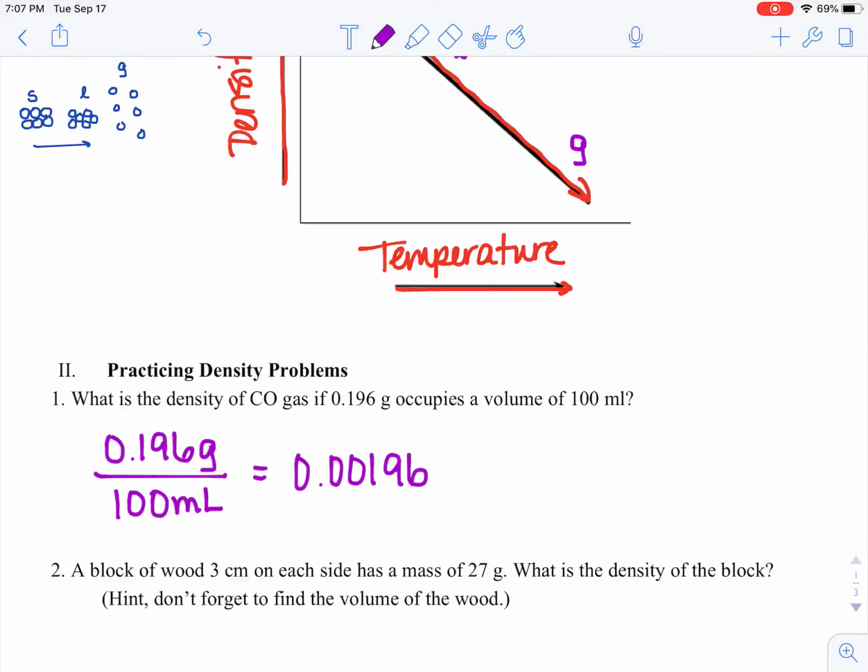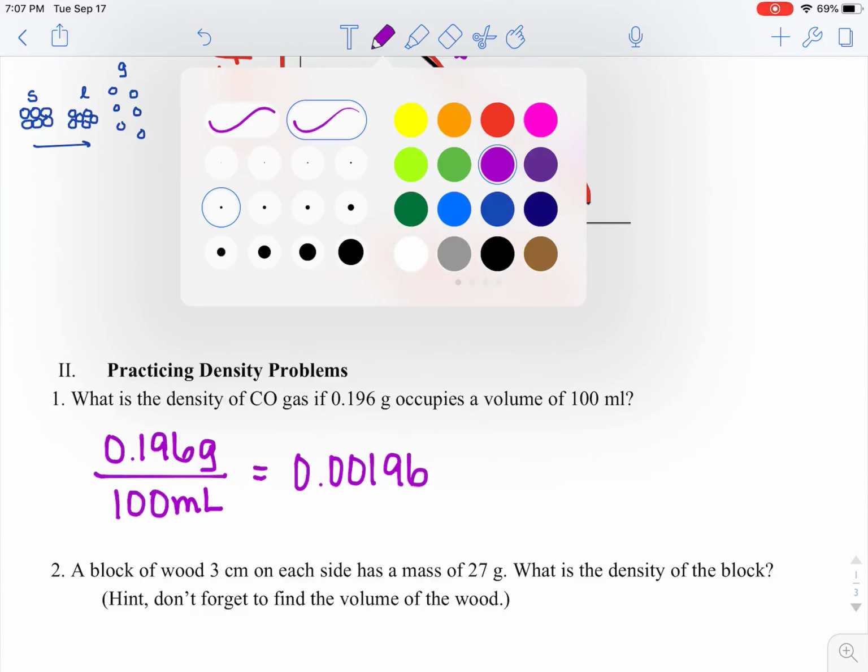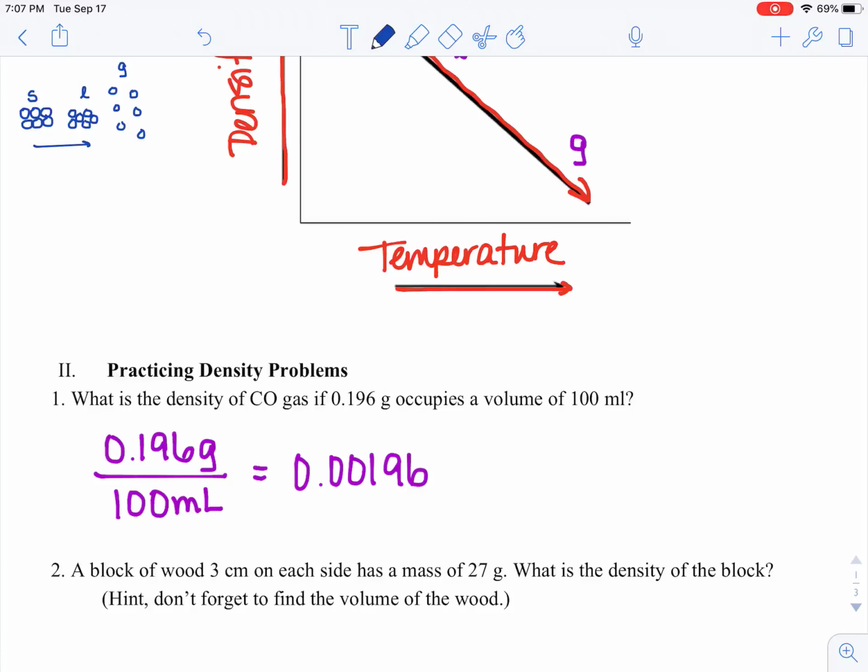Now going back to the investigation of significant figures, right? When we divide or multiply numbers, we look for the smallest number of significant figures. In this case, that's going to be 1 because 100 has one significant figure. That means we're going to round our number to 0.002. I haven't put units in yet.